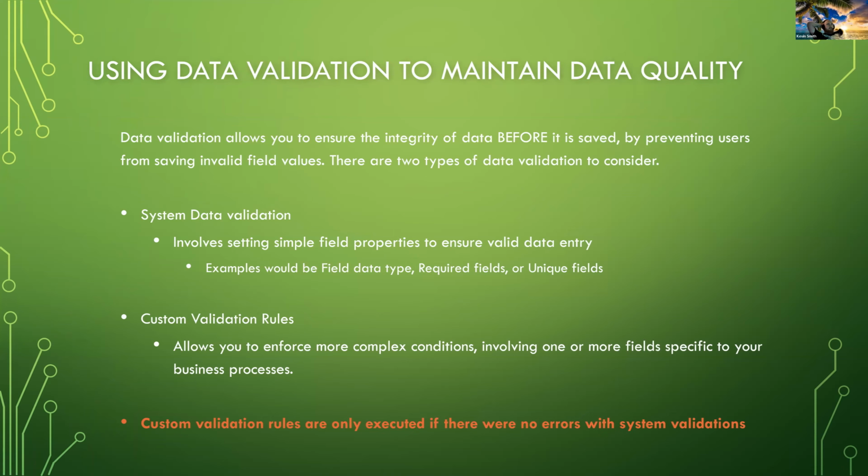Examples would be field data type, required fields, or unique fields. Custom validation rules allow you to enforce more complex conditions involving one or more fields specific to your business processes. So depending on what your business needs are, you can tailor it to ensure that you're collecting the right data or not collecting the wrong data.